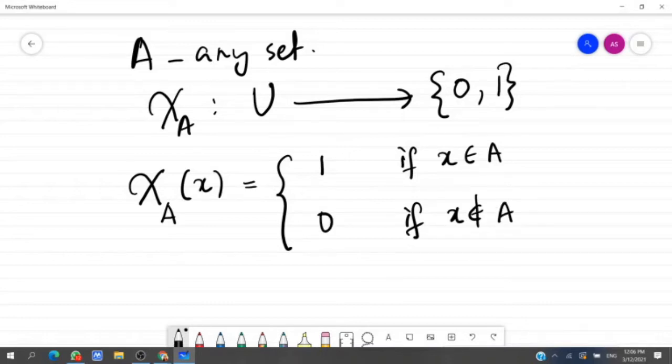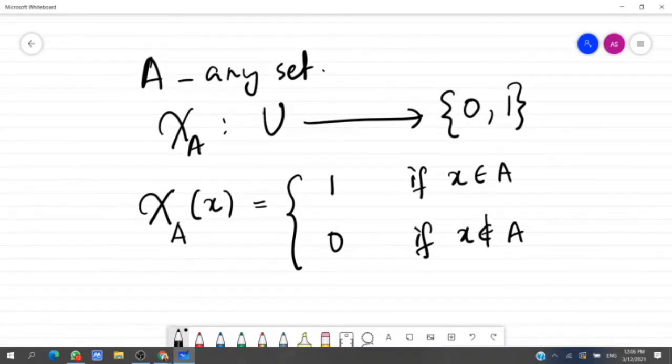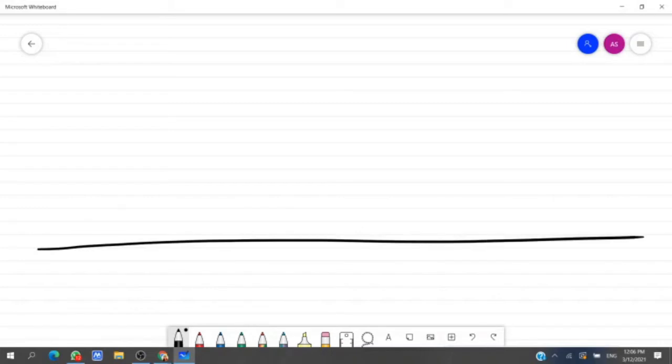So this is the characteristic function, and clearly if you have a characteristic function defined on the real line, on a subset of R, say for example the characteristic function of closed interval 0 1, it is actually a single step function. So the characteristic function is actually a particular case of a step function.